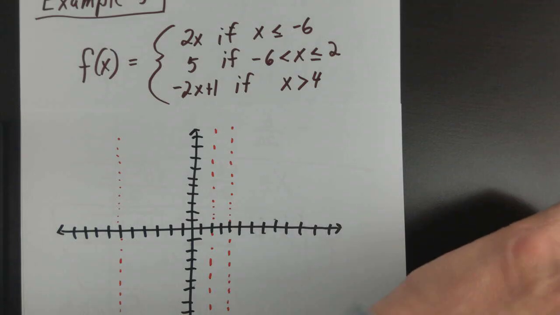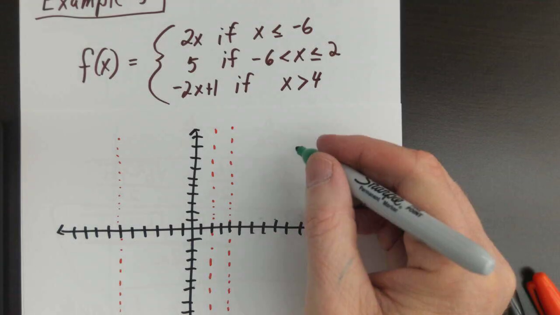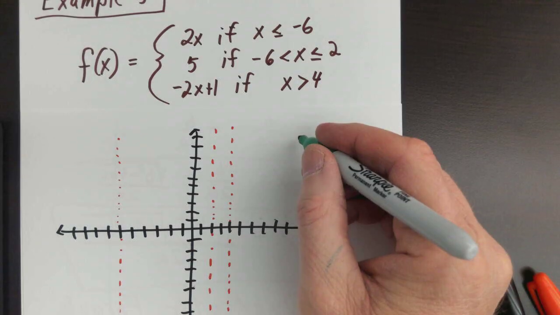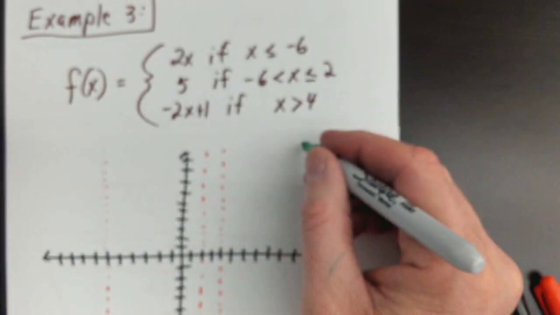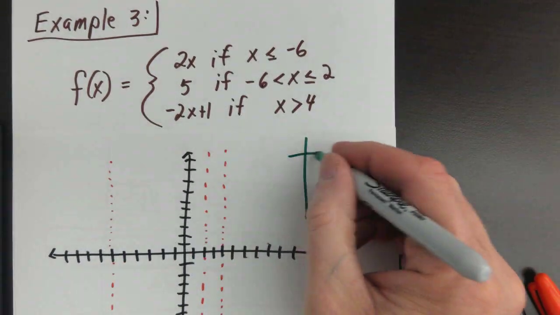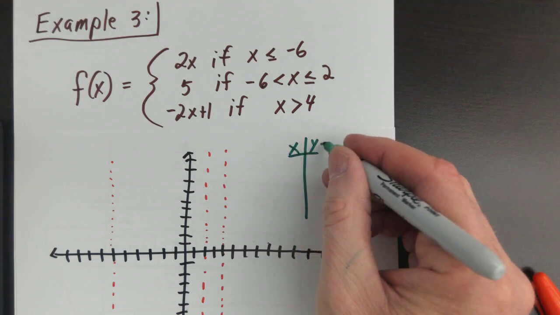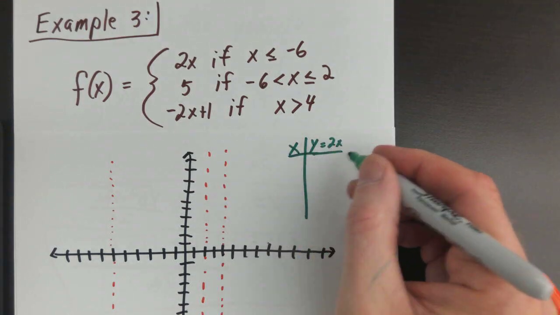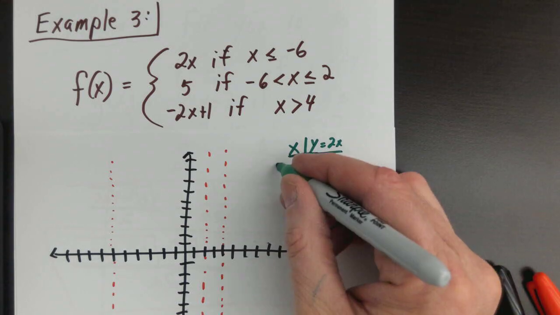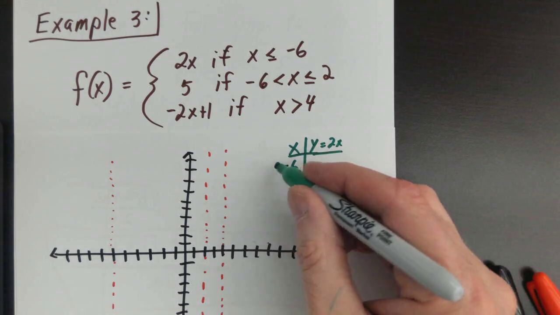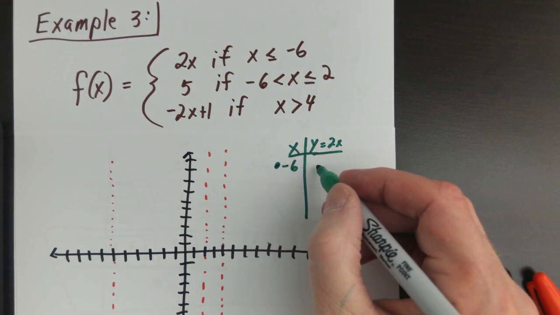So now I'm going to make the tables. And for f of x equals 2x, I'm using y, right? It goes -6 with a solid circle. It's going to be a solid dot at -6.